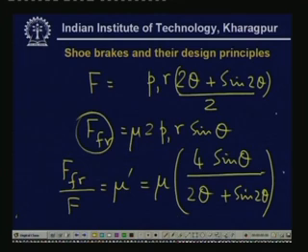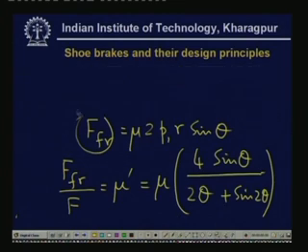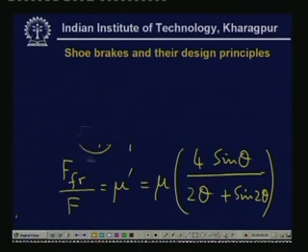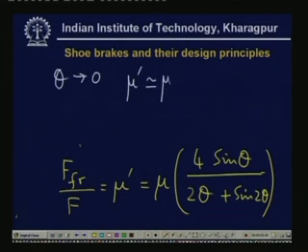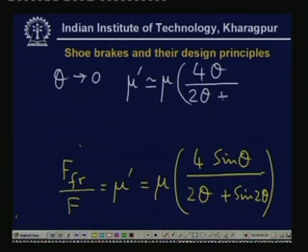What we can check from here is that as theta tends to 0, that is a very short shoe, mu prime is almost equal to mu times 4 sine theta over 2 theta plus sine 2 theta. Sine theta is almost equal to theta, and sine 2 theta is almost equal to 2 theta. So, therefore, it is equal to mu.